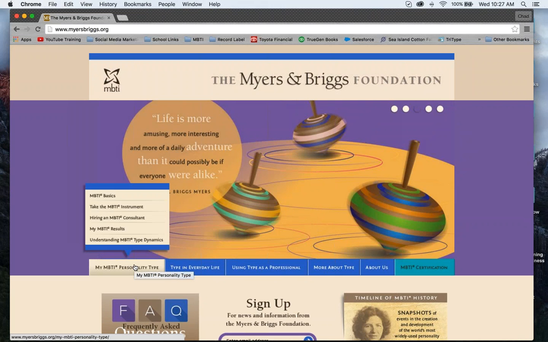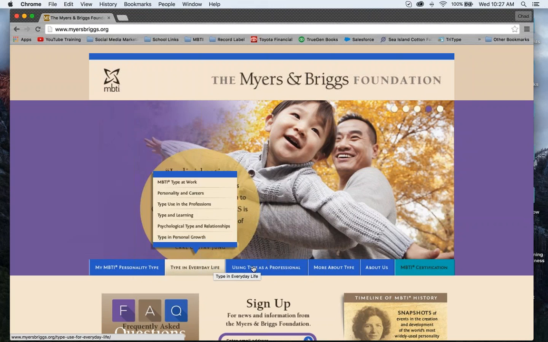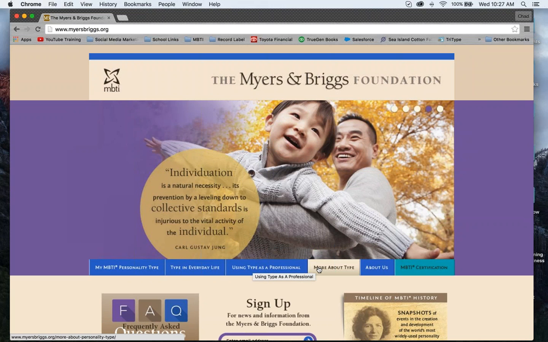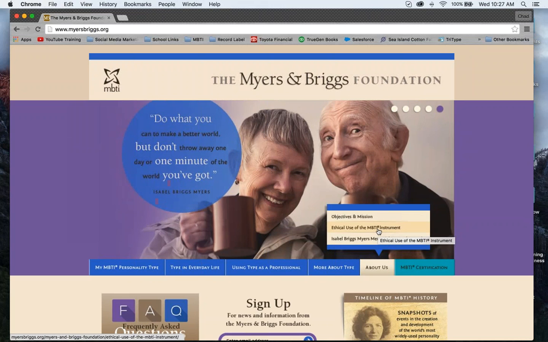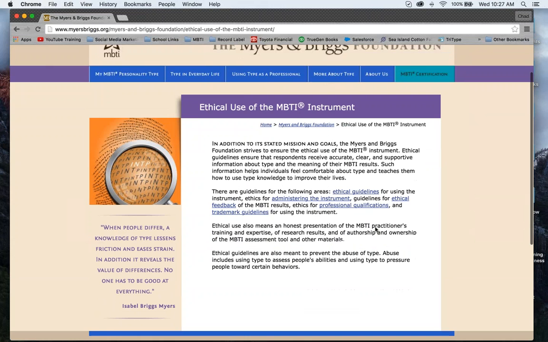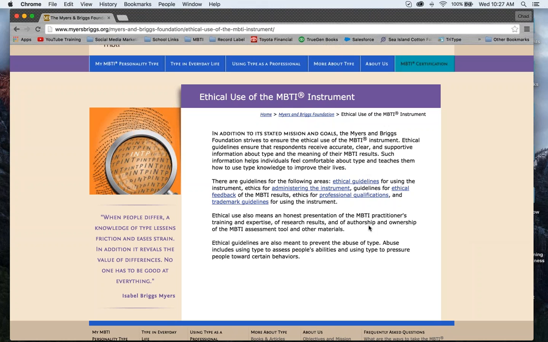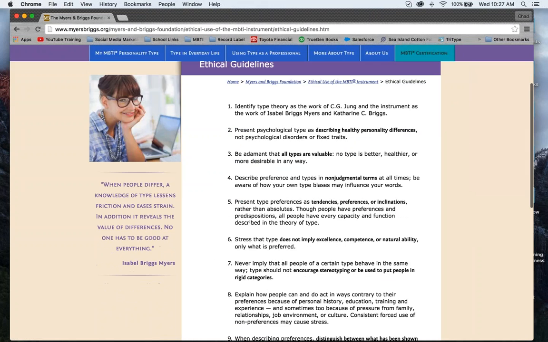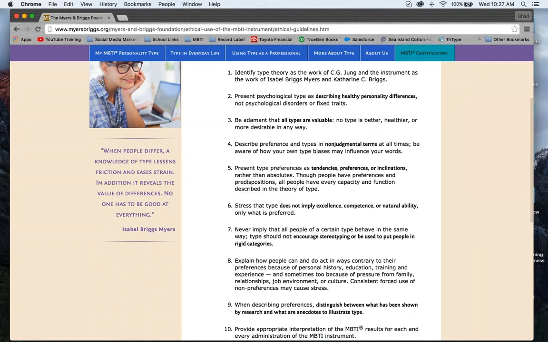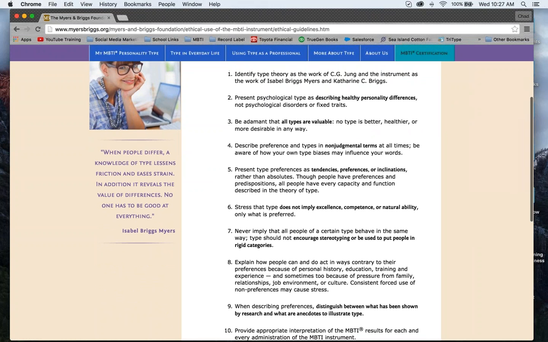So going through here, what I'm looking for is somewhere in here. Yeah, the ethical use of the MBTI instrument. I want to really cover this because I keep referring back to it over and over again when talking to people about Myers-Briggs.